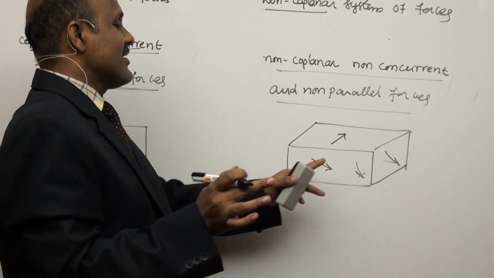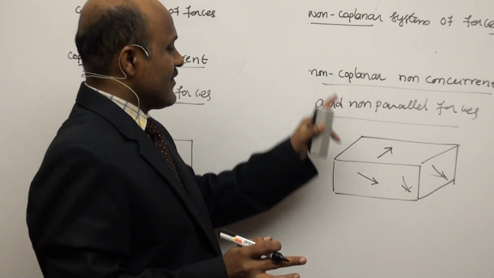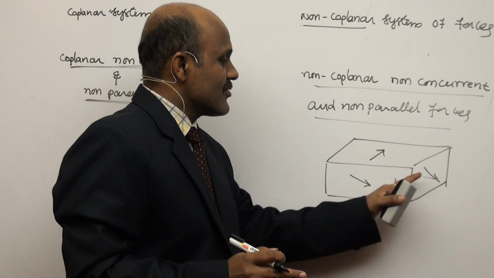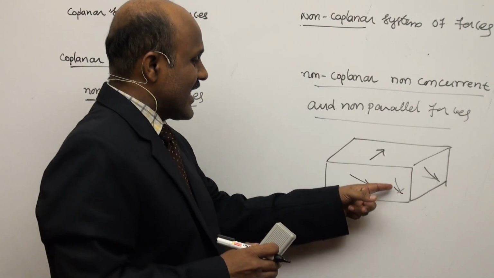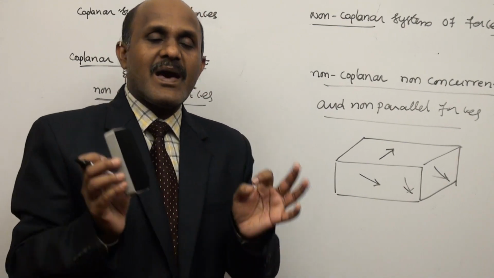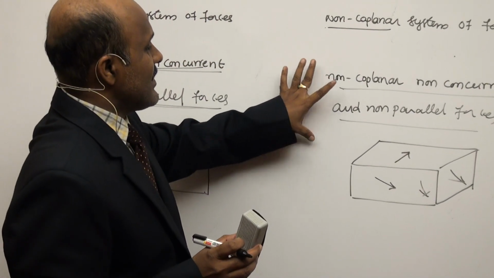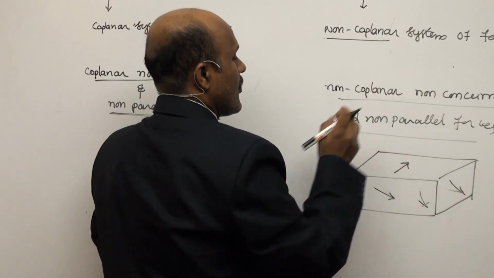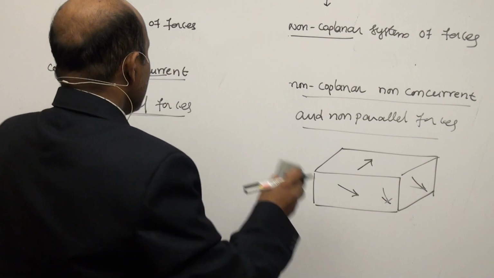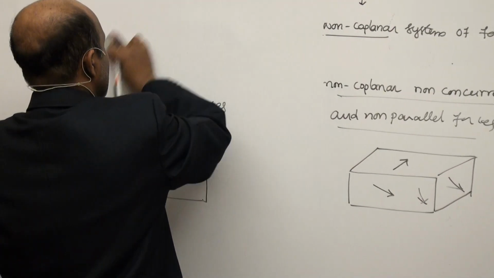These forces do not intersect at one point, they are in more than one plane, and they are not parallel to each other. So this system of forces is called non-coplanar, non-concurrent, non-parallel forces. So that is about the systems of forces.